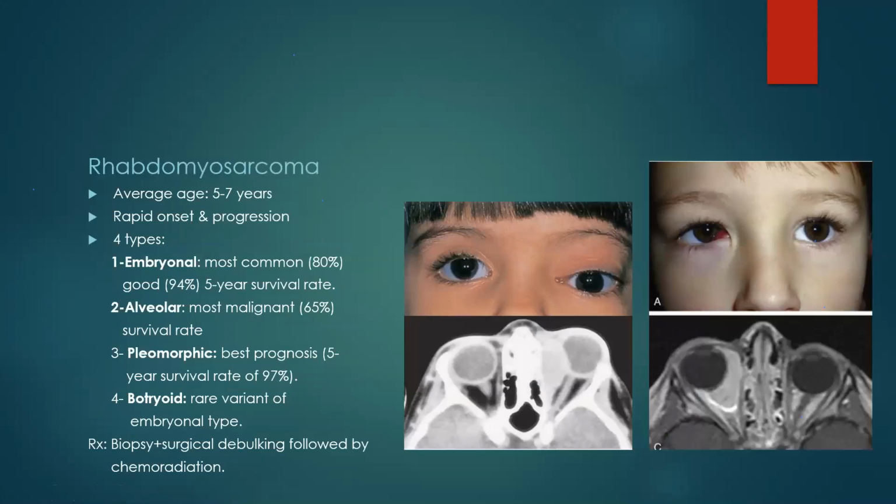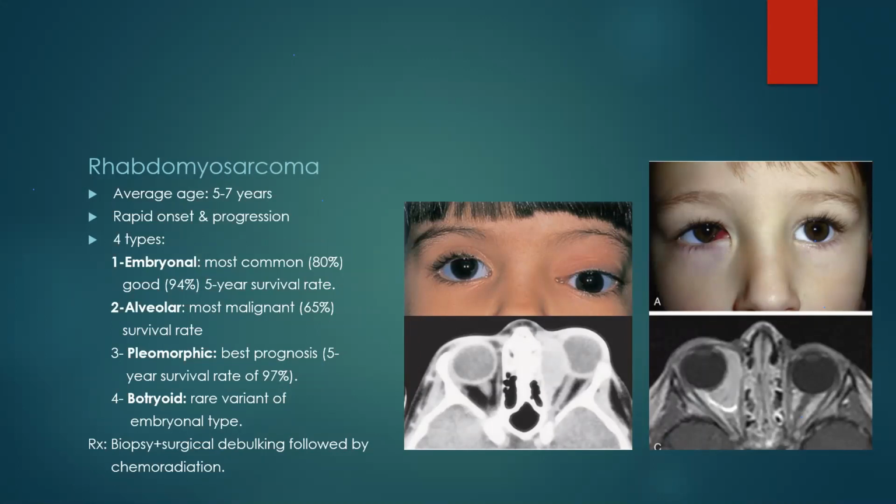Rhabdomyosarcoma presents usually in the age... It has a rapid onset and progression, and it has 4 types. Embryonal, which is the most common, and it has a good survival rate. Alveolar, it's the most malignant form.